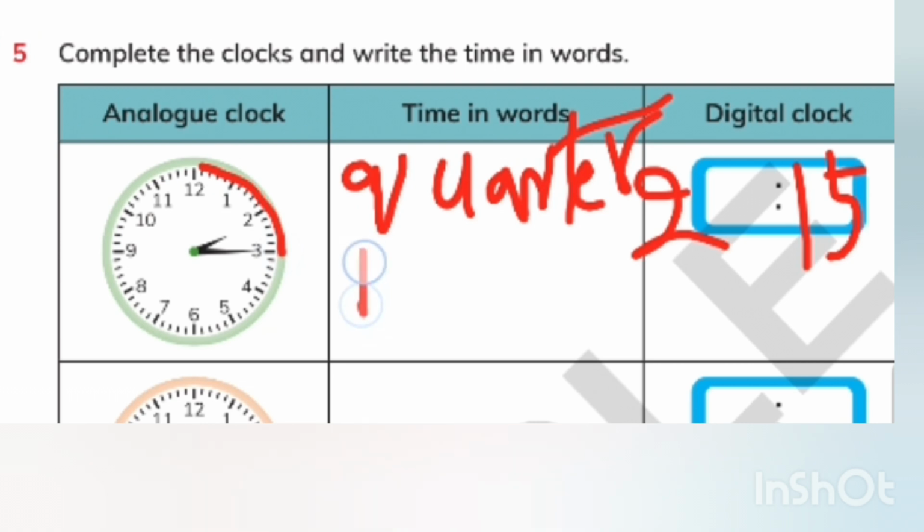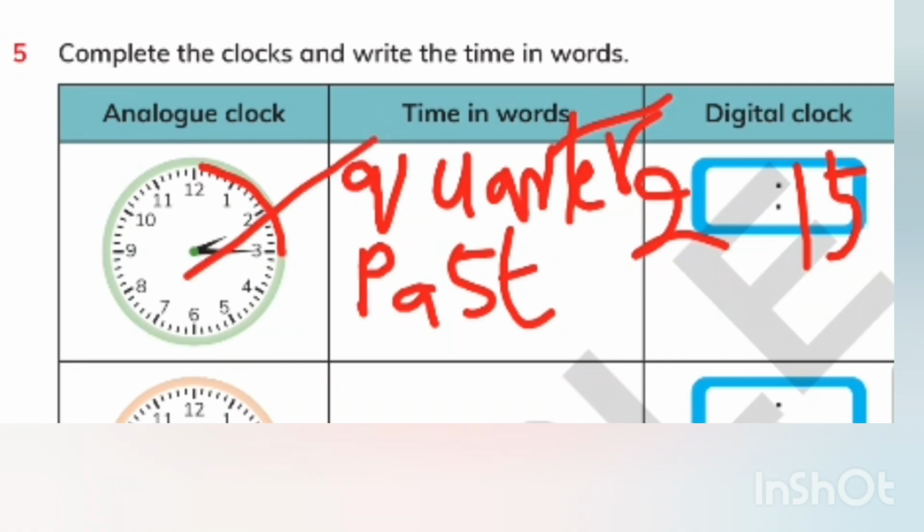It means quarter past. Quarter past means 15 minutes have gone. Now we will write quarter past 2. So the answer of this is quarter past 2.